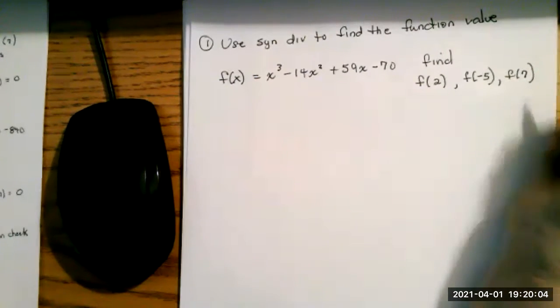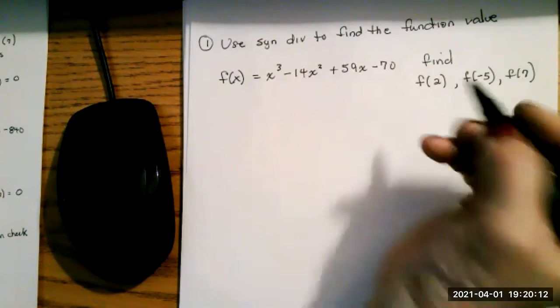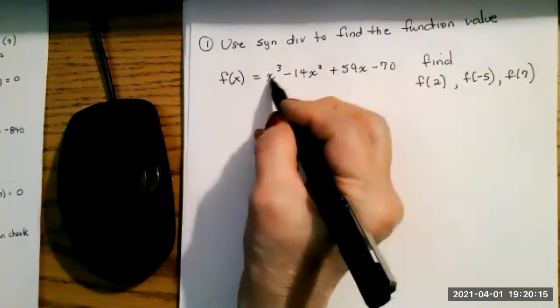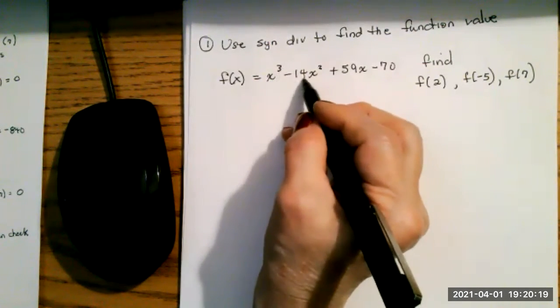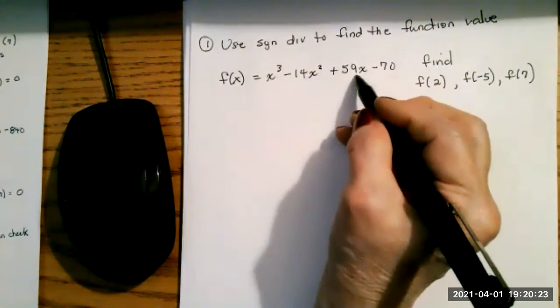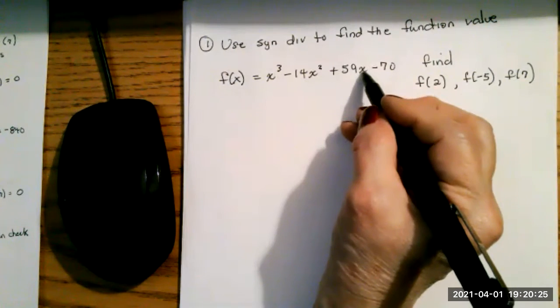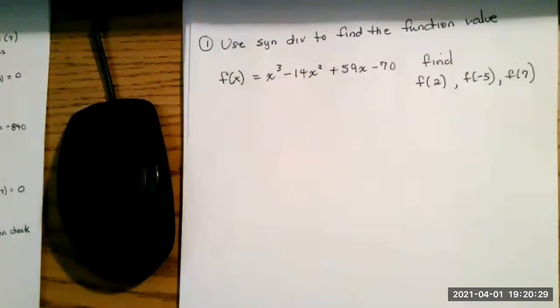That's 3 different problems. Before, we would take the 2 and put it in here for x, and we'd say 2 cubed minus 14 times 2 squared plus 59 times 2 minus 70. But now they want us to do it with synthetic division.